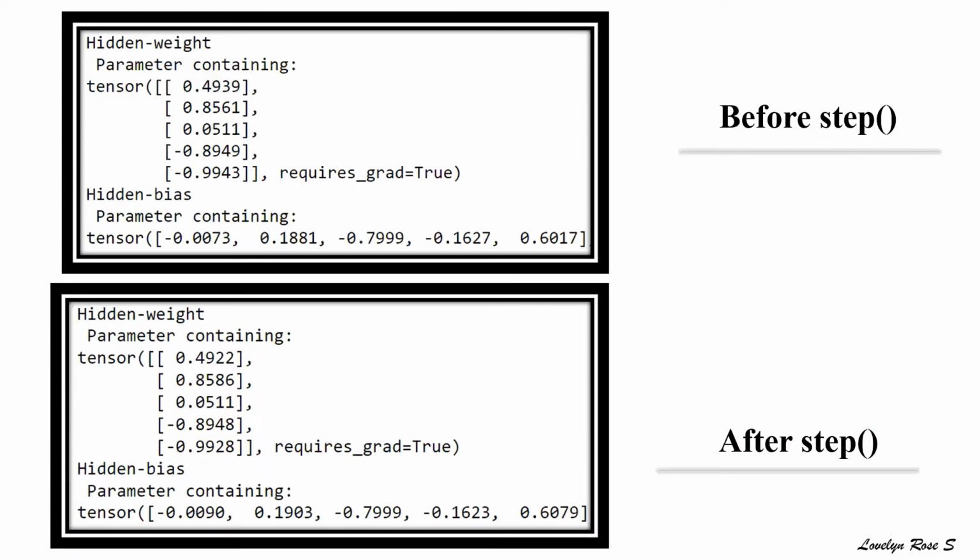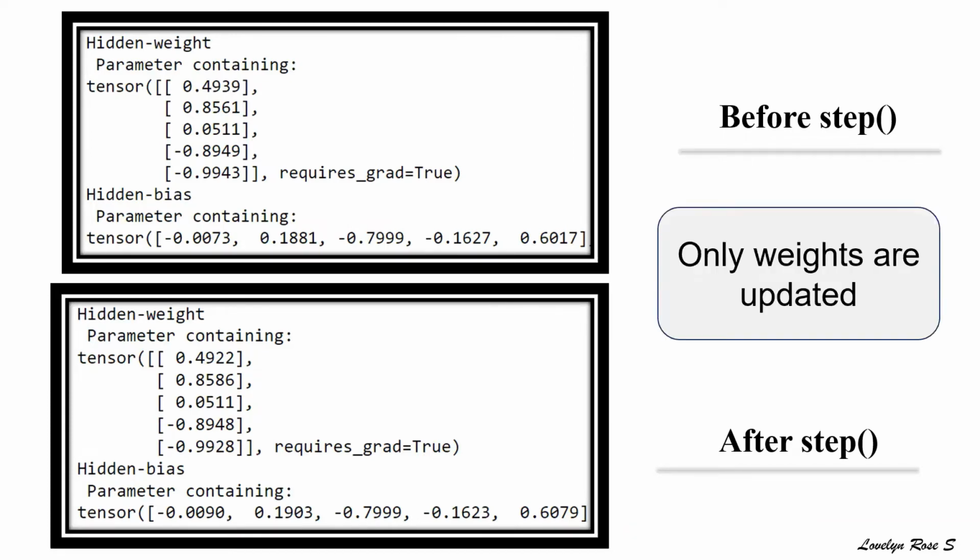But the weight before optimizer.step is as shown in the first picture, whereas after optimizer.step, we see that the weights and the bias have changed. That is, they have been updated with respect to the gradient that was already calculated. So optimizer.step updates only the weights.